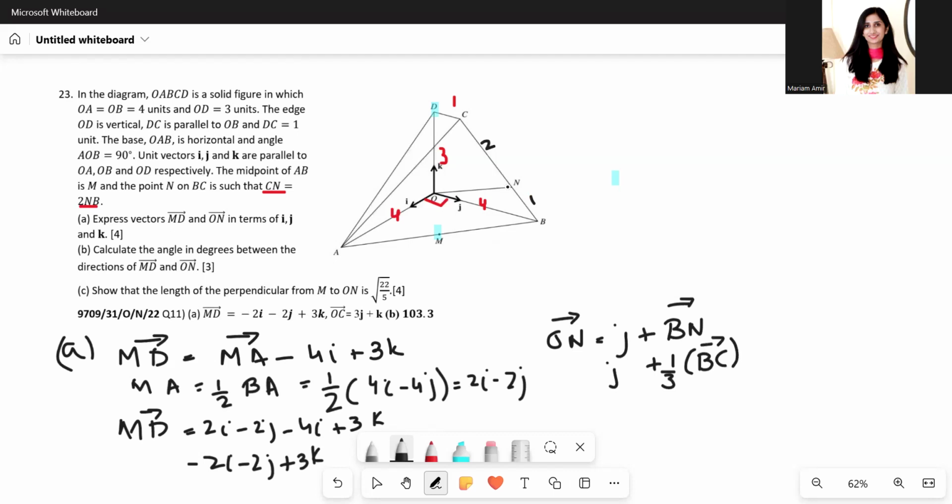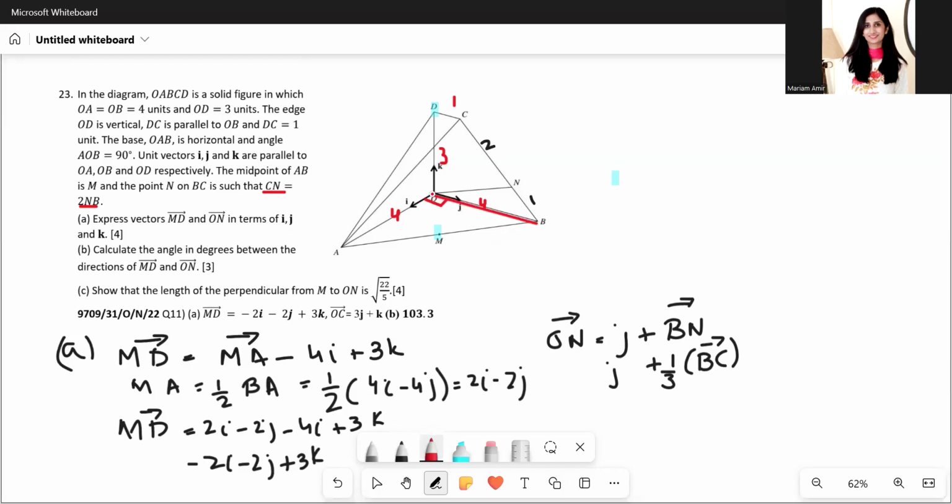So j plus 1/3 of BC. All right. Now let's find BC. To go from B to C, we'll go from B to O, then O to D, then D to C. Okay.